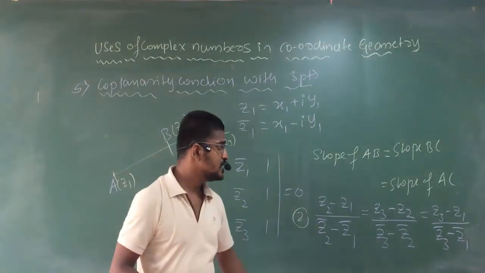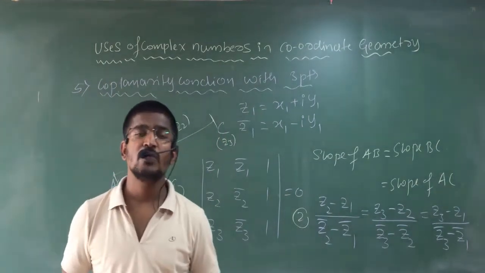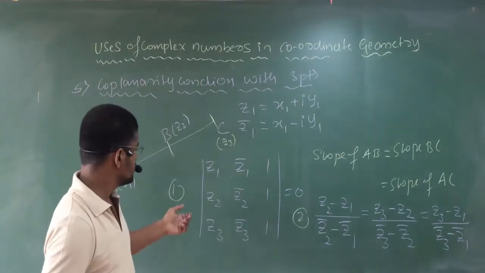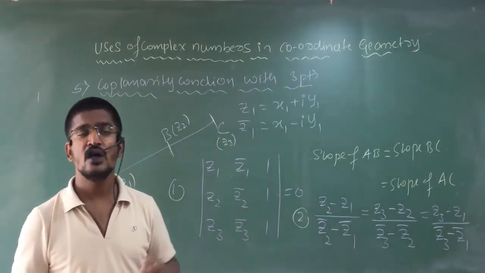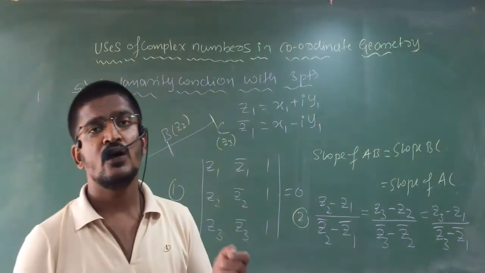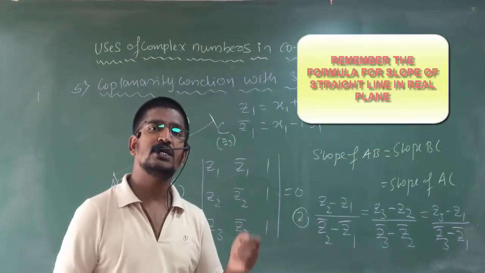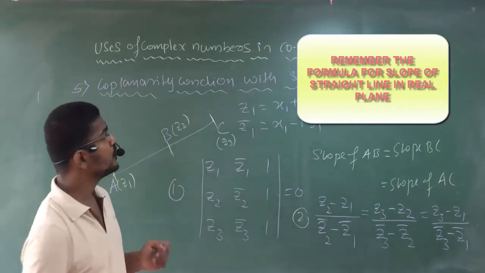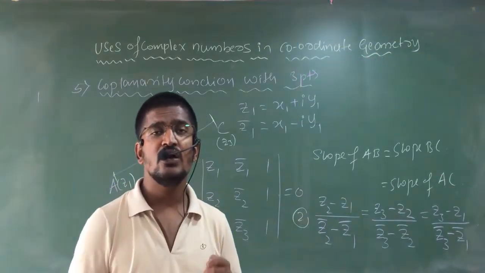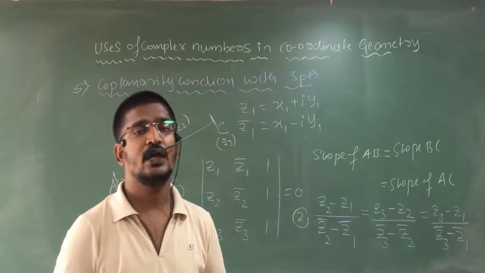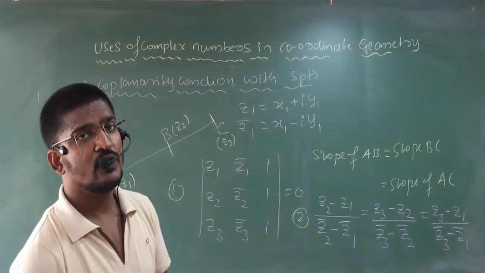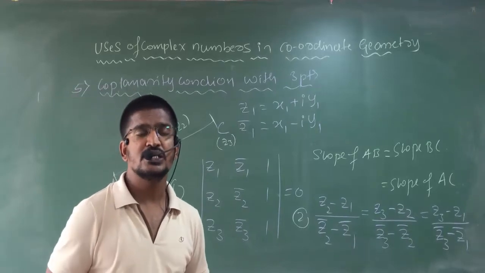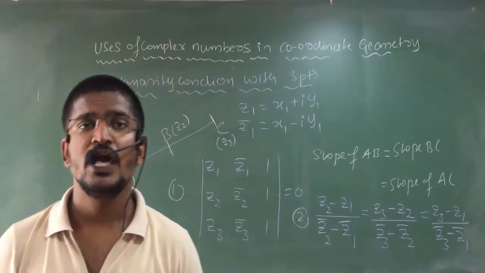If you show either, that will be the condition for coplanarity of 3 points in the complex plane. Clear? So if you want to show coplanarity, please remember these two conditions in the complex plane.